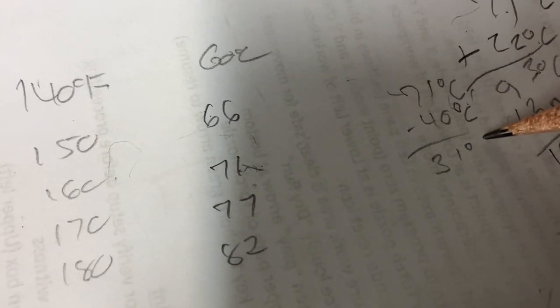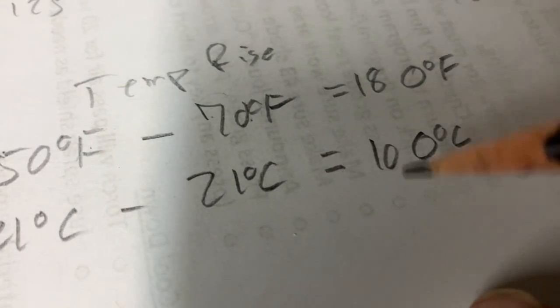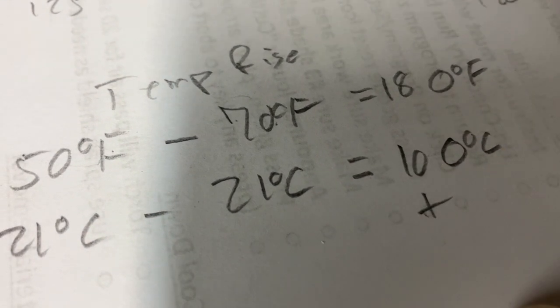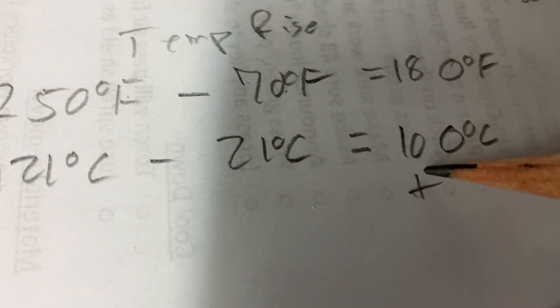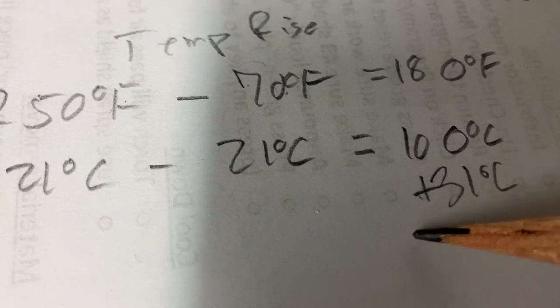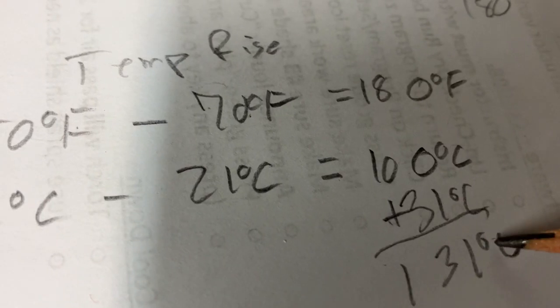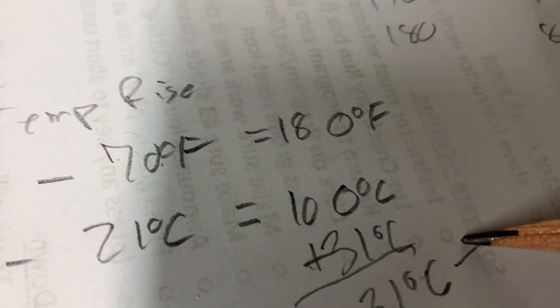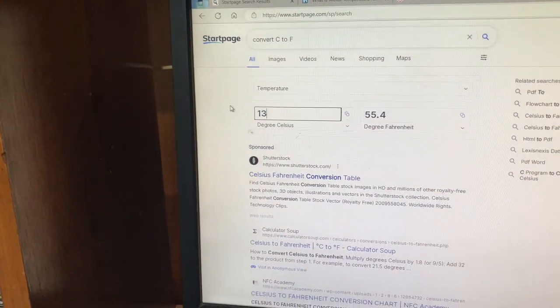So we have to add 31 degrees C to this, plus, it doesn't line up where my finger is. So 131 degrees C, which is 267.